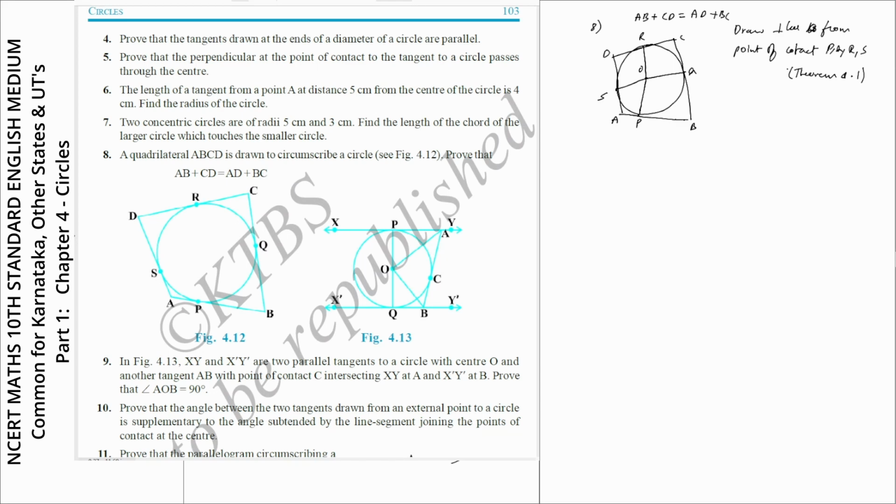Now again I'll join A and O, and also BO, CO and DO. Join AO, BO, CO and DO.